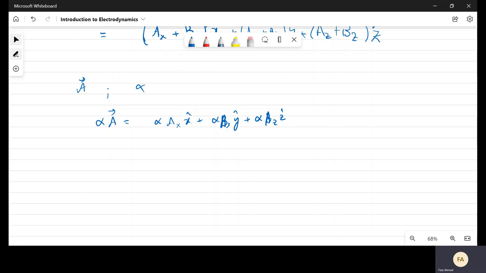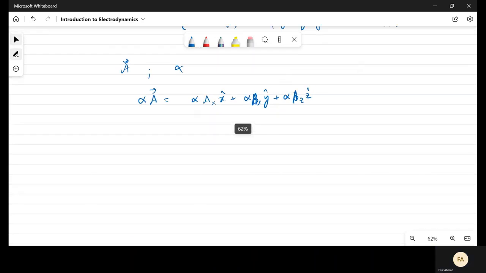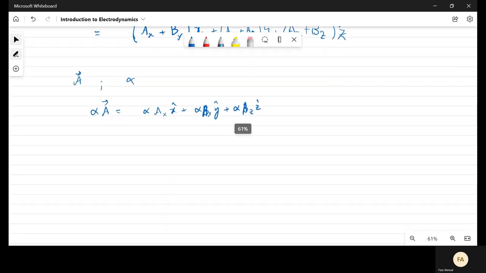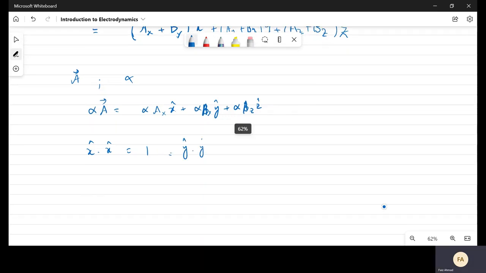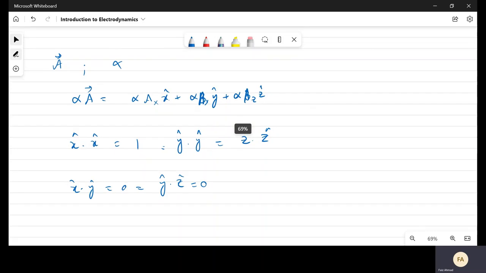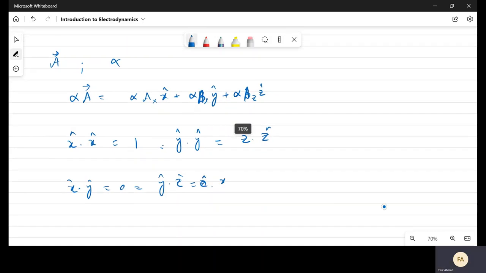They are mutually perpendicular unit vectors, so their self dot products will be one, and they are perpendicular, so their dot products of x with y, y with z, and z with x will all be 0.